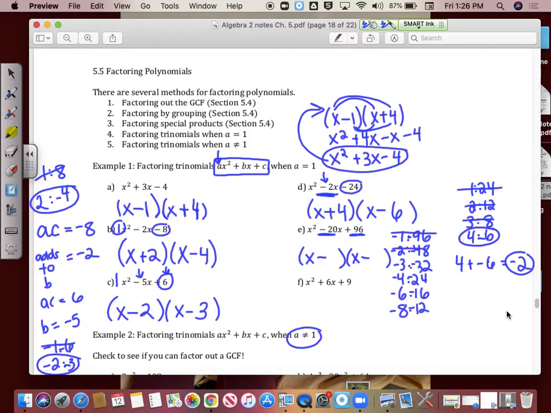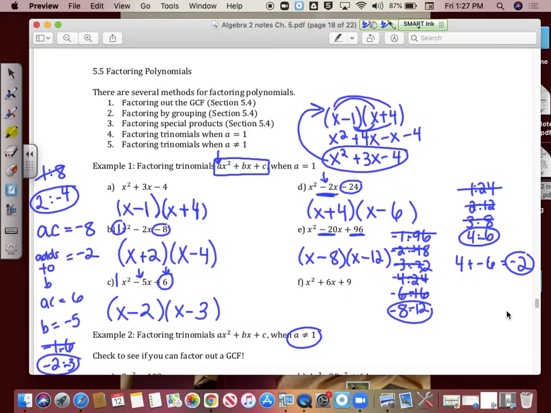So it can't be those. It's not these, not these. Negative 4 minus 24 is negative 28. We're getting close, but not so much. Negative 6 minus 16 is not it. It's going to be this one. Negative 8 minus 12 is negative 20, which means that these are my lucky factors, negative 8 and negative 12. They multiply to be a positive 96, but at the same time, they add to be negative 20.